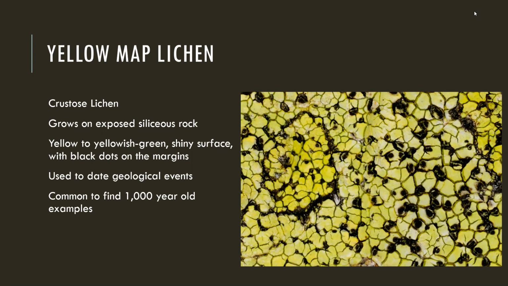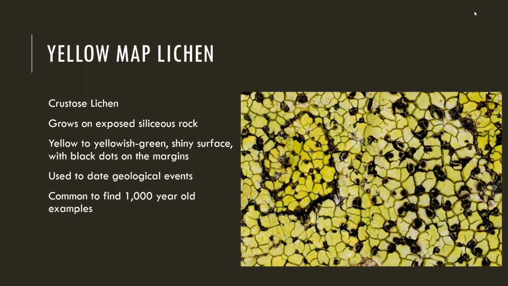And there's been some found in Sweden that are 4,000 years old. Wow. Yeah, so these lichens, because they grow for so long, geologists can use them to date times when the glaciers have either receded or come down. So it's pretty cool.